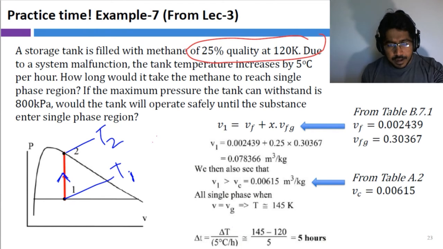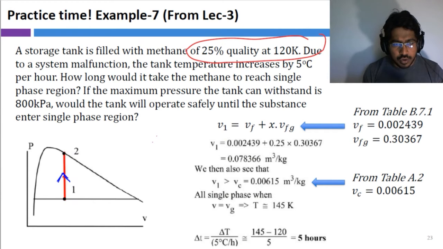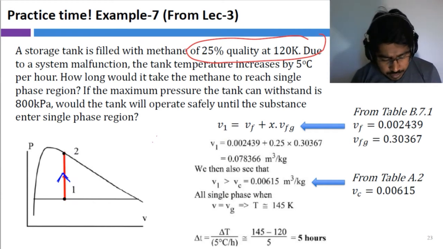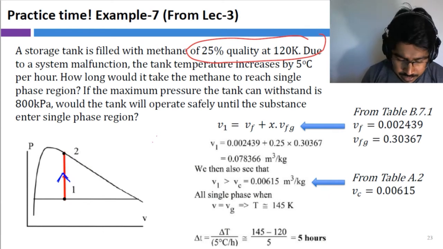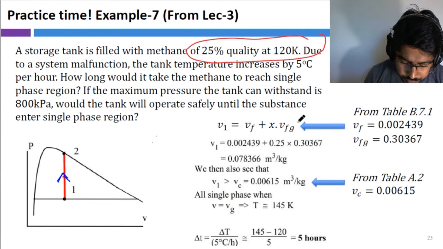Okay. Now, there's another important thing to note. Before that, we'll try to tackle the information that we know already, right? So depending on this information given, we calculate V1.